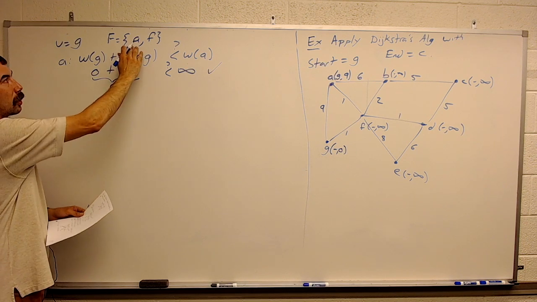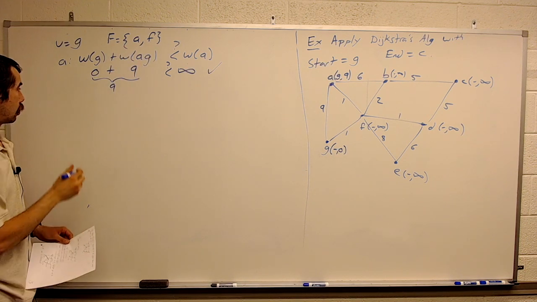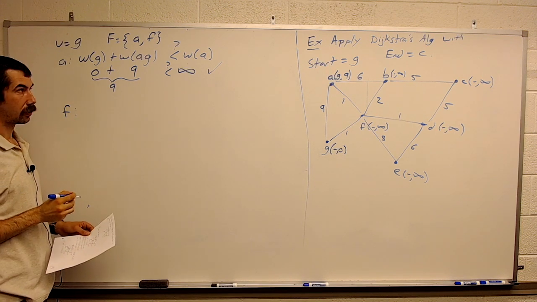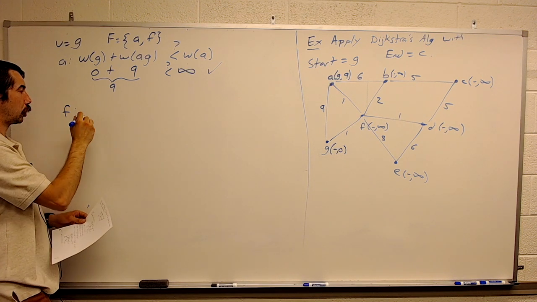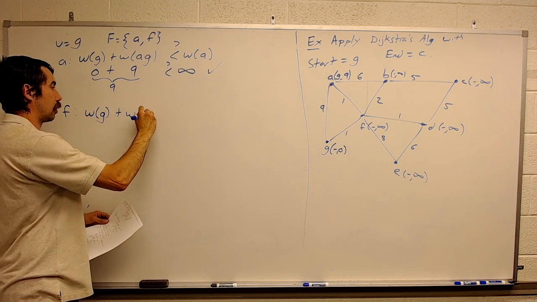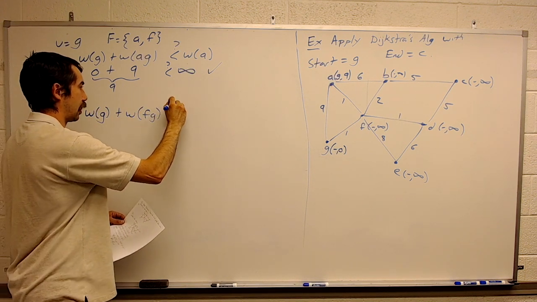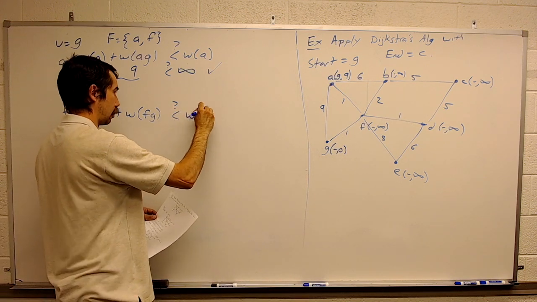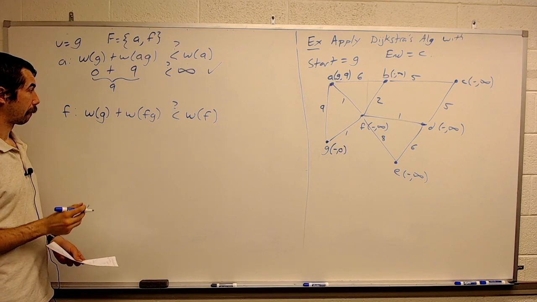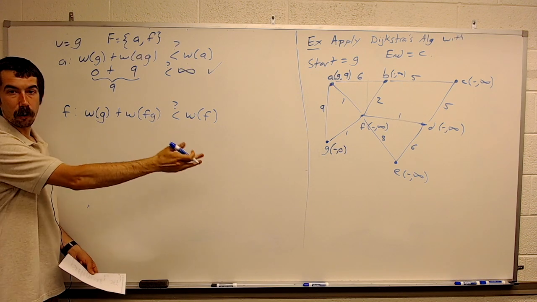We have to do this with our entire F set. So now we'll go to our next vertex, F. We need to check, is the weight of G plus the weight of FG less than the weight of F? The weight of G, of course, is 0.